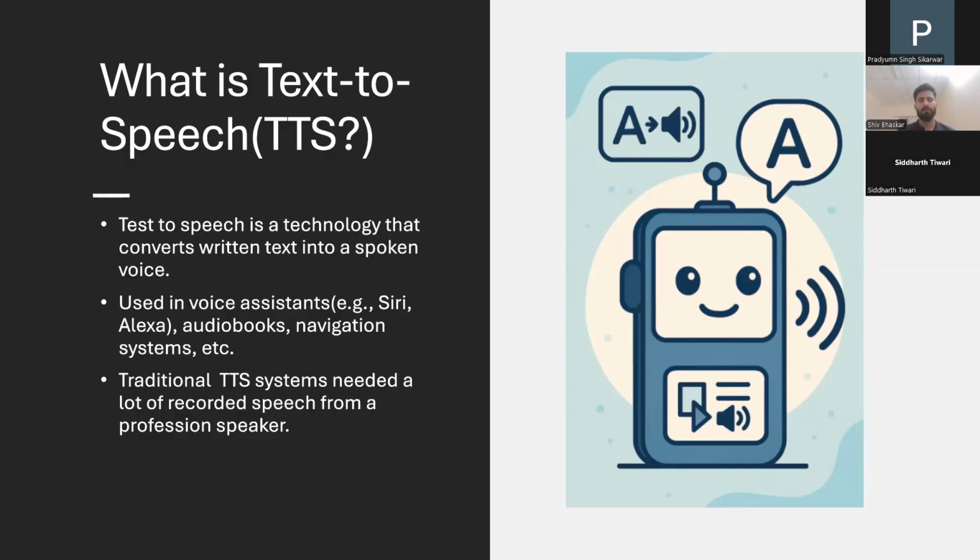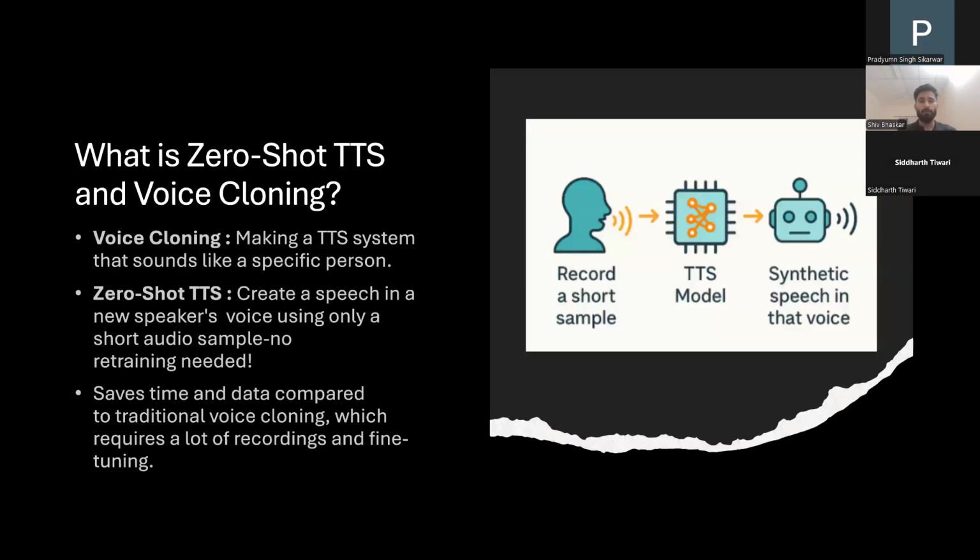The next slide explains what voice cloning is and what zero-shot TTS is. Voice cloning is a subtype of TTS where the output should sound like a specific target speaker. But zero-shot TTS goes one step further. We generate brand new speech after being given a short reference as input, and generate a rich output.